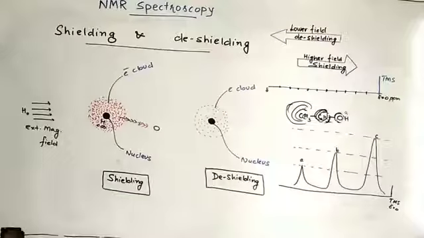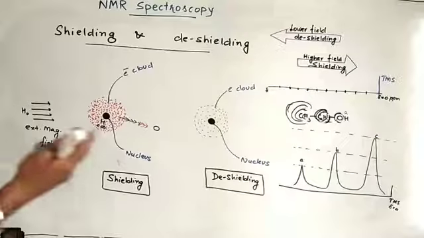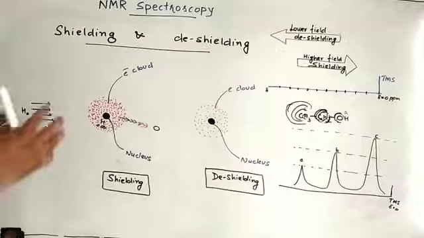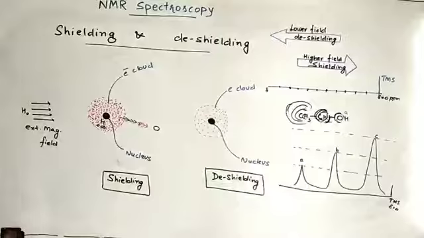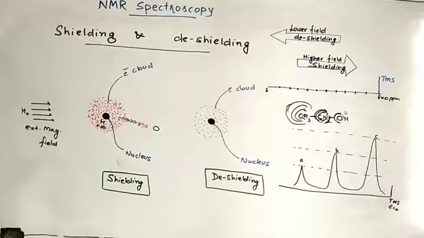And you can see here that the electron cloud is not uniform over the molecule. If it were uniform over the whole molecule, then only a single peak would appear, no problem. But in a molecule, whether it is a small molecule like this ethanol or a very big molecule, the electron density is not uniform. And that electron density makes the protons non-equivalent.